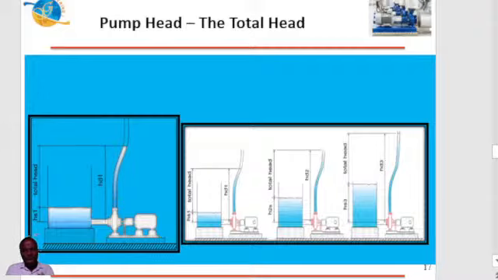So there is another concept of head that you need to take account of, and that is called the total head.